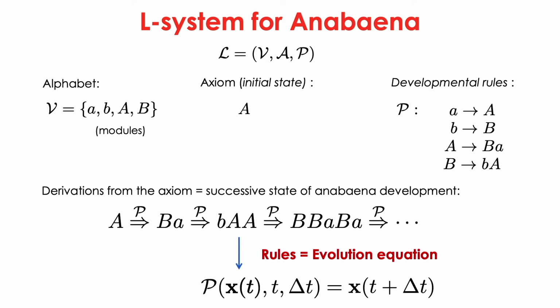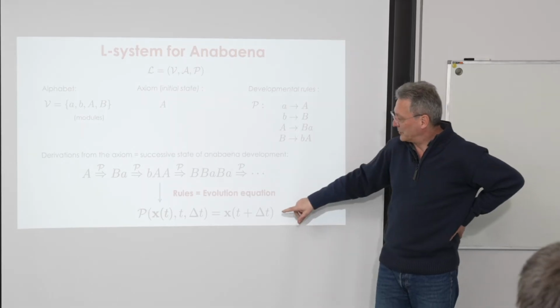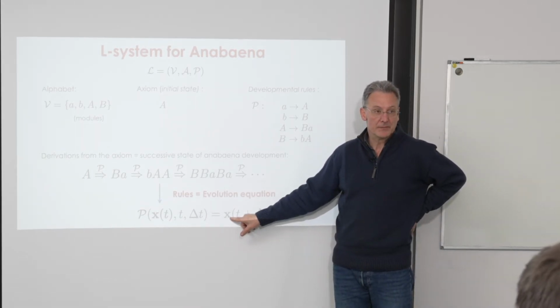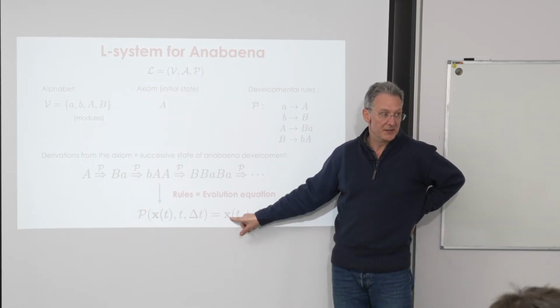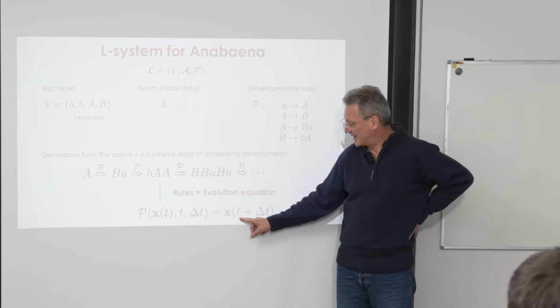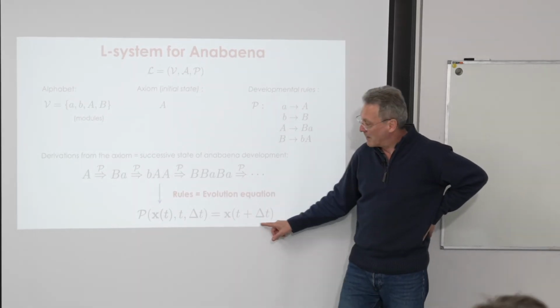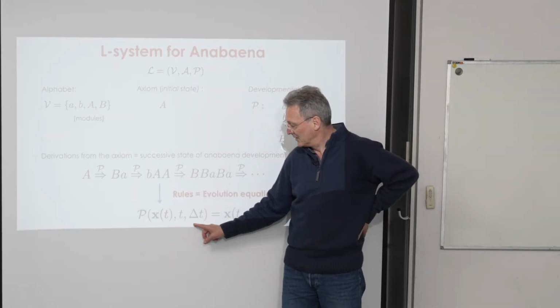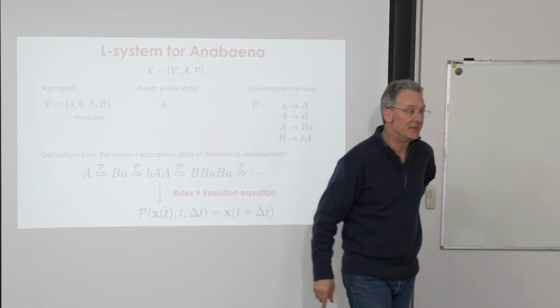So how does this map with dynamical system theory? Well, if X is a string representing the state of my biological system, I can compute X at t plus delta t by applying the rules on my string at time t for an amount of time delta t.